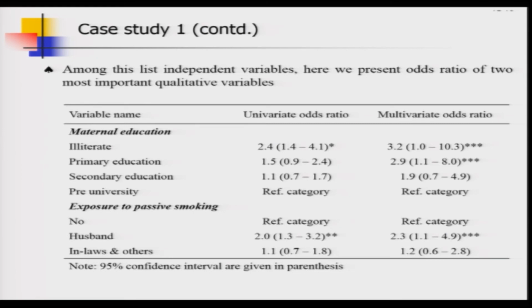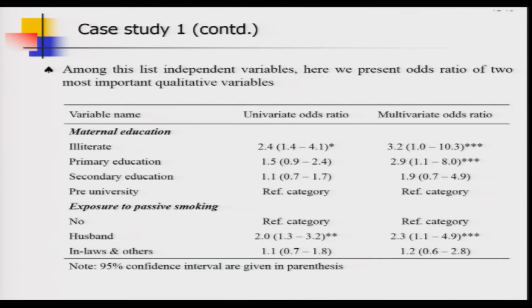Note down the odds ratio for these consecutive dummy variables. As one can expect, more education is beneficial not only for the mother but also for the baby, because then the mother knows about best practices to follow and probably takes care of the baby inside during the pregnancy period.